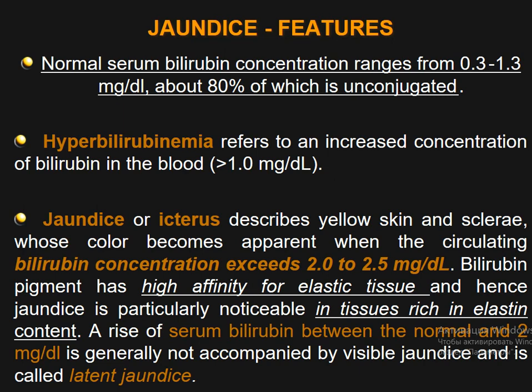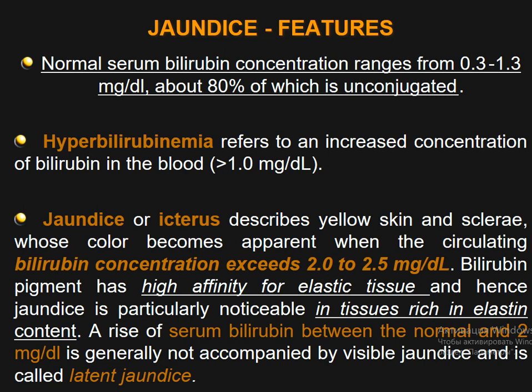Hyperbilirubinemia refers to an increased concentration of bilirubin in the blood, more than 1 milligram per deciliter. Jaundice, or another synonym, icterus, describes yellow skin and sclera whose color becomes apparent when the circulating bilirubin concentration exceeds 2 to 2.5 milligram per deciliter.